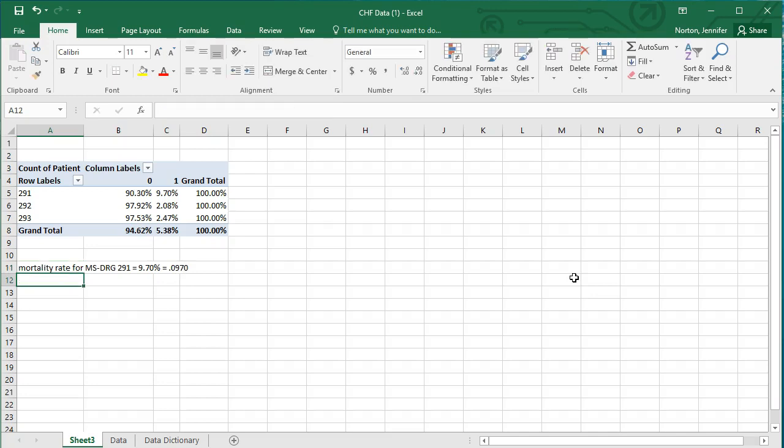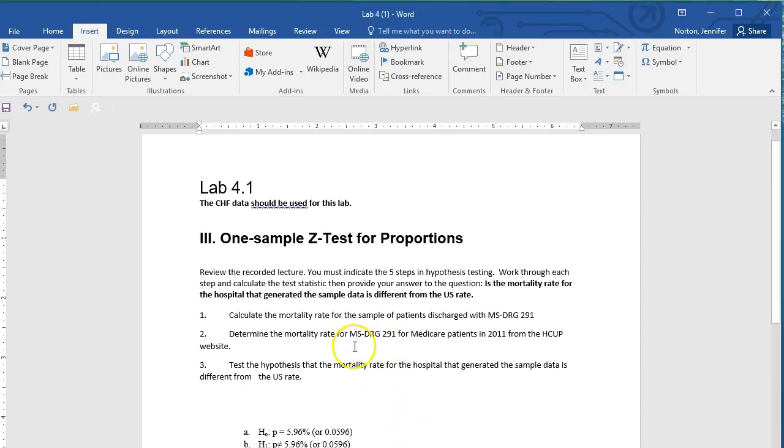Okay, so now what we need to do is go back and look at our instructions. We are making a comparison from our data set, the information from our facility, to the mortality rate for the U.S. rate.